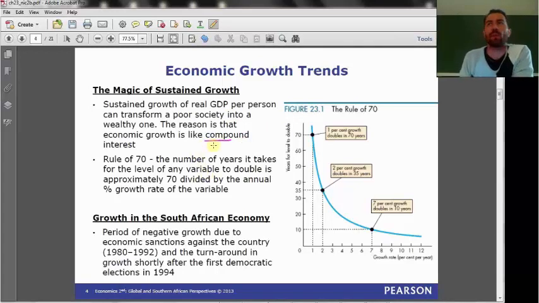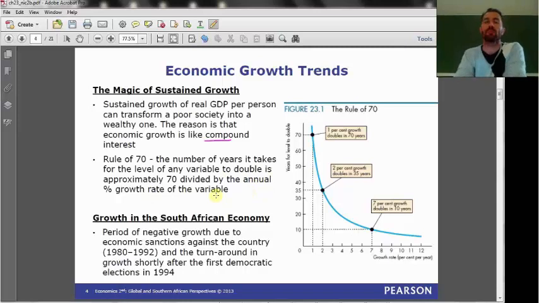An easy way to calculate growth as a rule of thumb is something called the rule of 70. The rule of 70 says that the number of years it takes for the level of any variable to double is approximately 70 divided by the annual percentage growth rate of the variable.